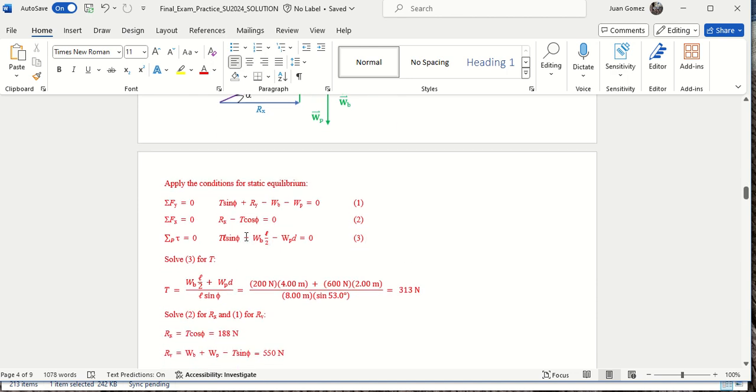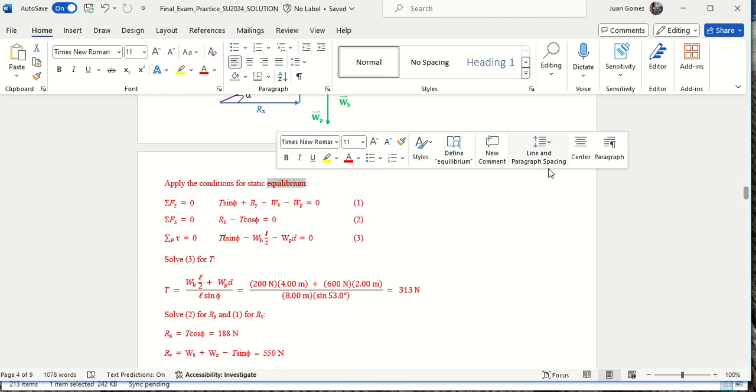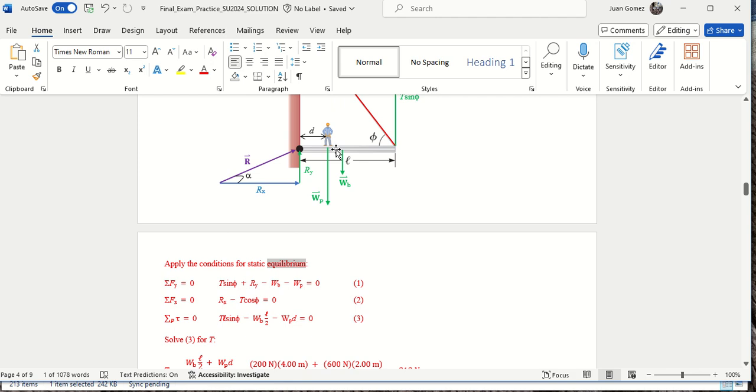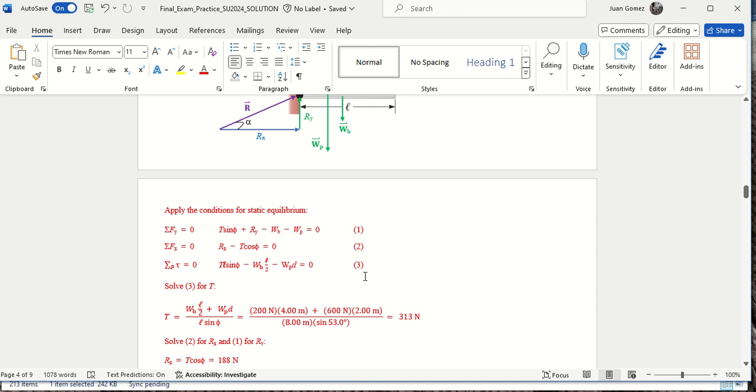So you have a negative WB L over 2. Likewise for the weight of the person, the force is WP, the distance is D, and again the angle between WP and D is 90 degrees, sine 90 is 1. So you have T l sine phi minus WB L over 2 minus WP D equals 0. That gives you equation 3.